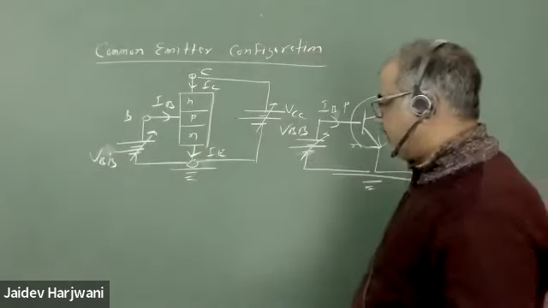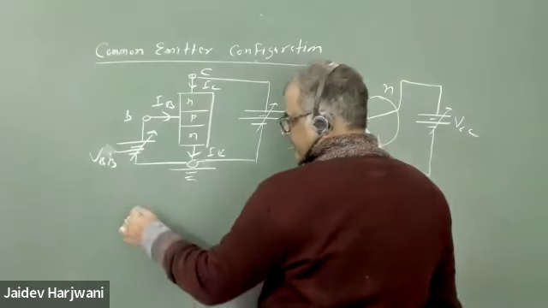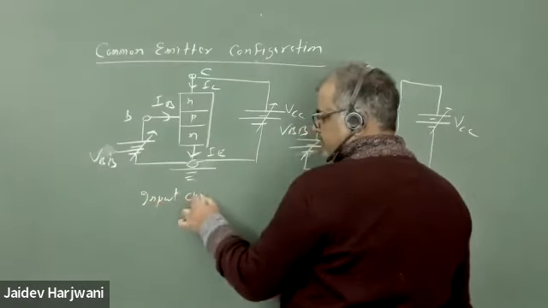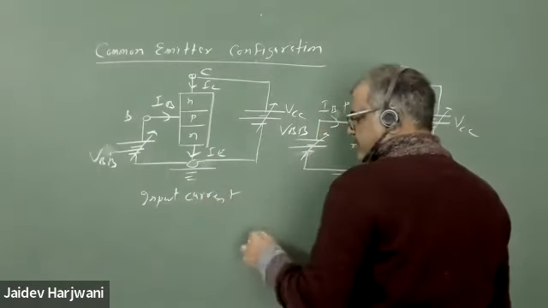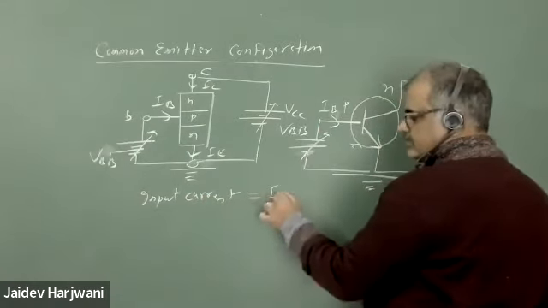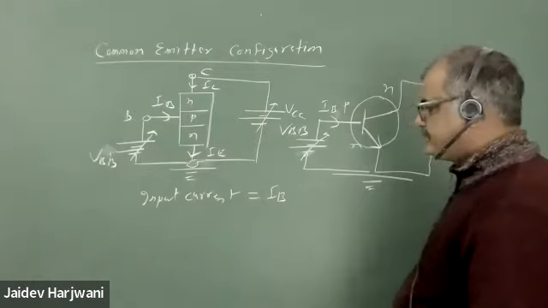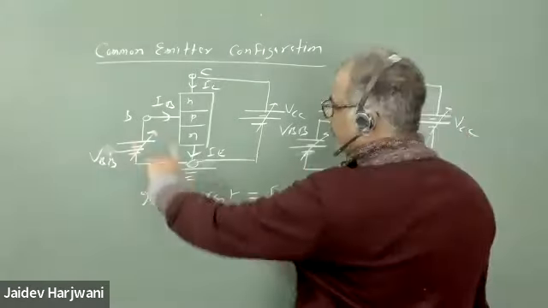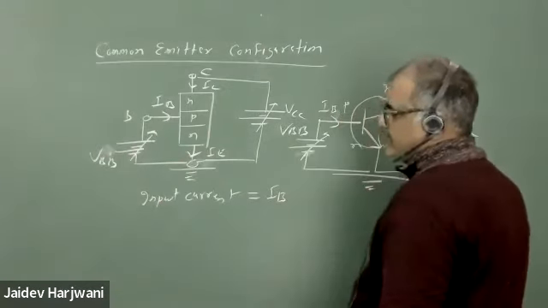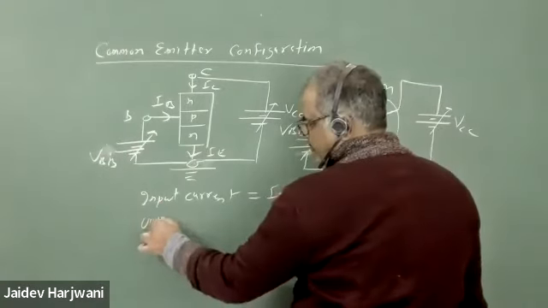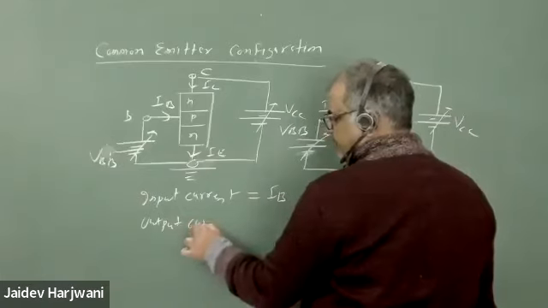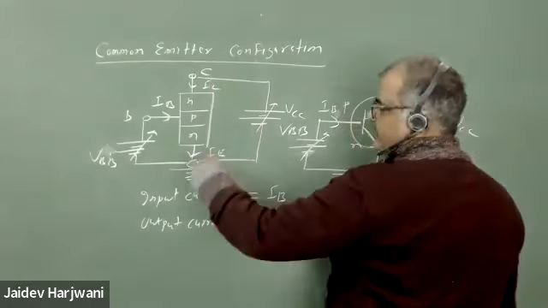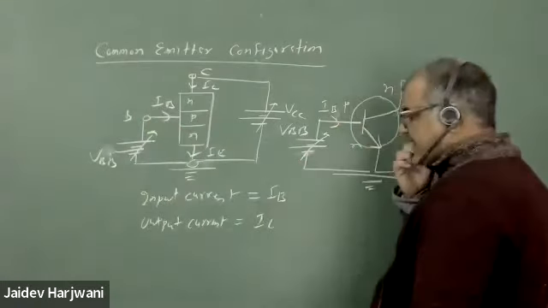Okay, corrected. So now in the common emitter configuration, your input current is what? Your IB, isn't it? And your output current is what? Output current is still IC. Input current is now IB.